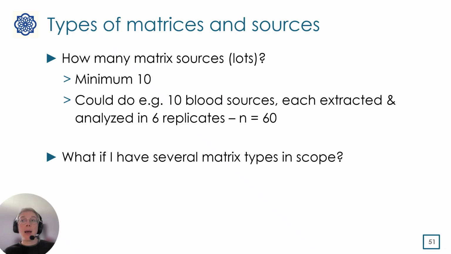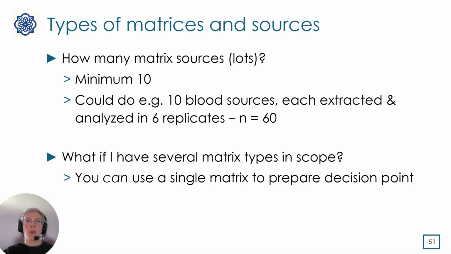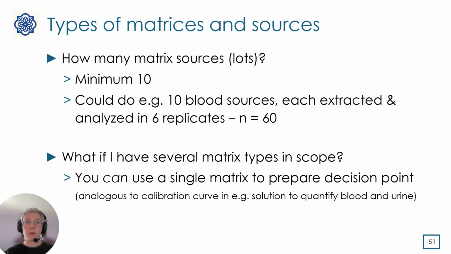Okay, well, what happens if I have several matrix types in scope? So what happens if I have urine and vitreous humor and blood, or if I have antemortem and postmortem blood? Well, you can use a single matrix to prepare the decision point, right?